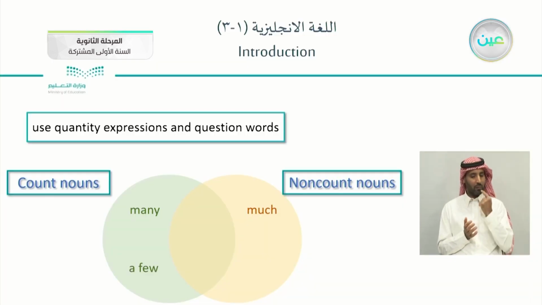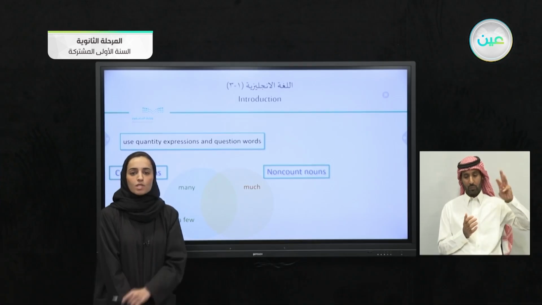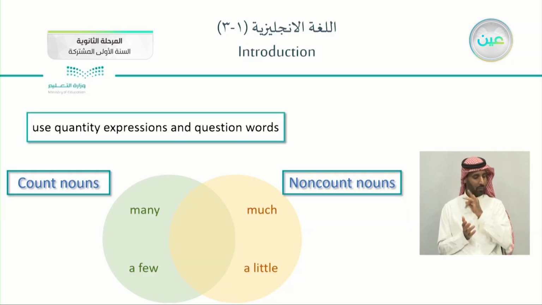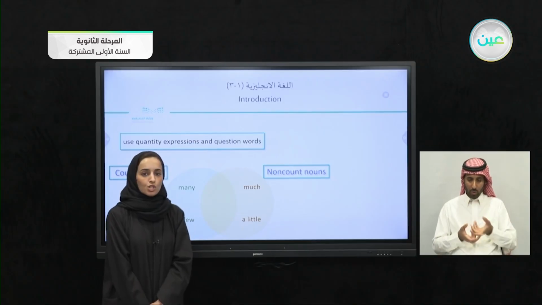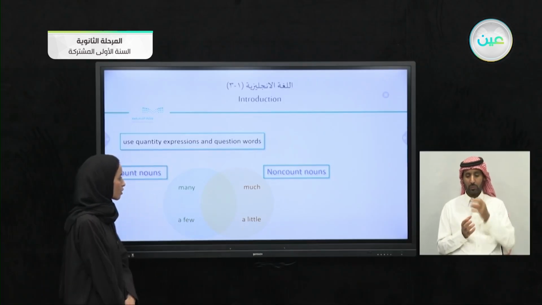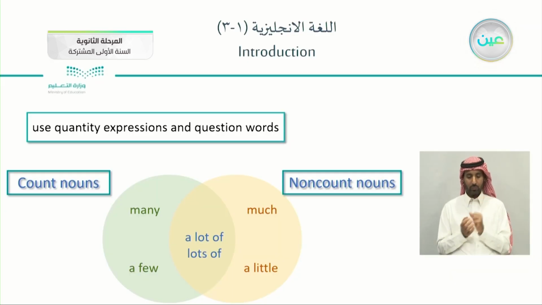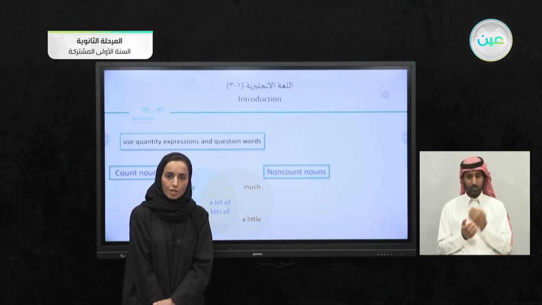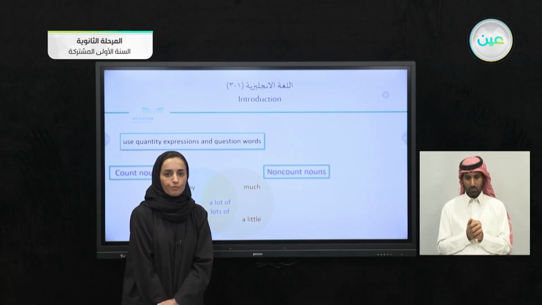For count nouns, I can use few or a few. A few students in the class. However, I drink a little water, not much. And with both of them we can use a lot of, lots of, as well as no and any.